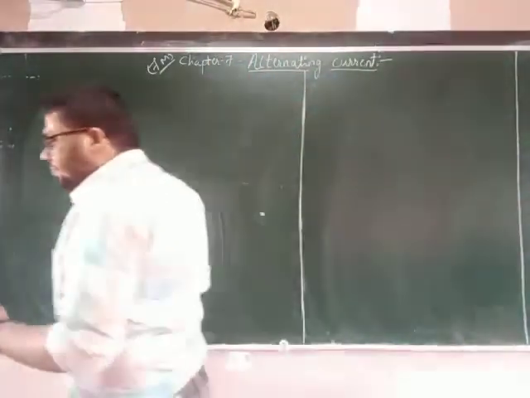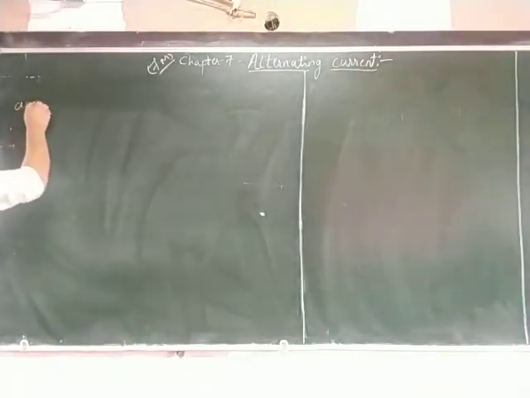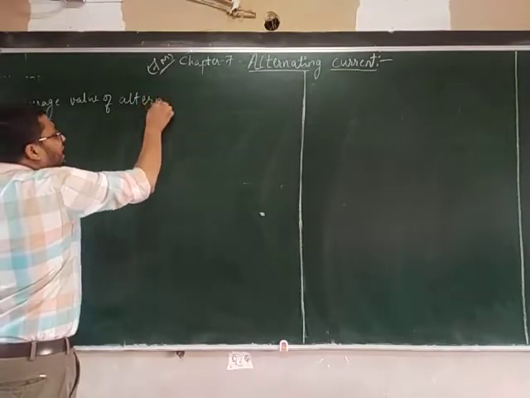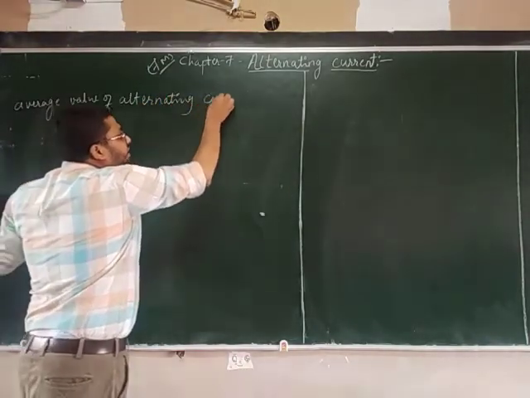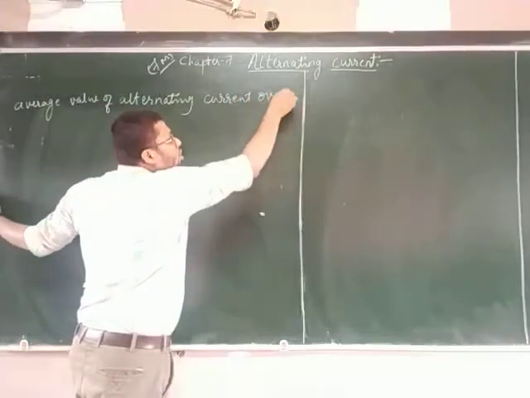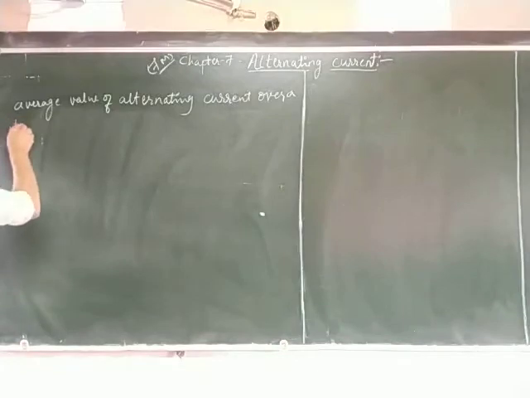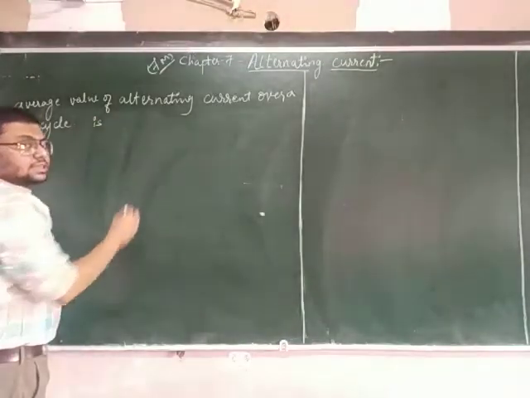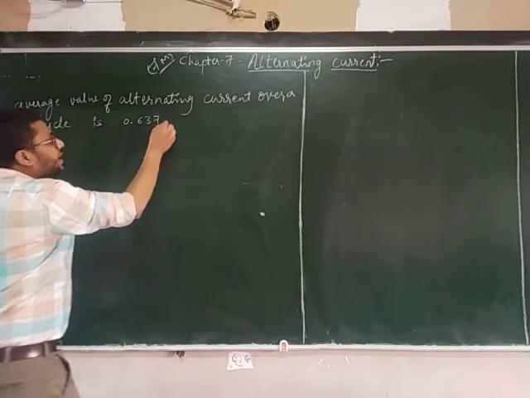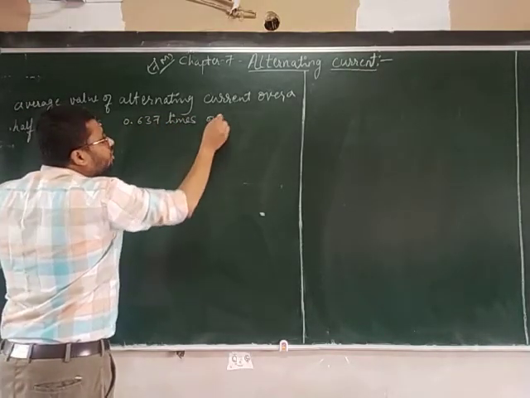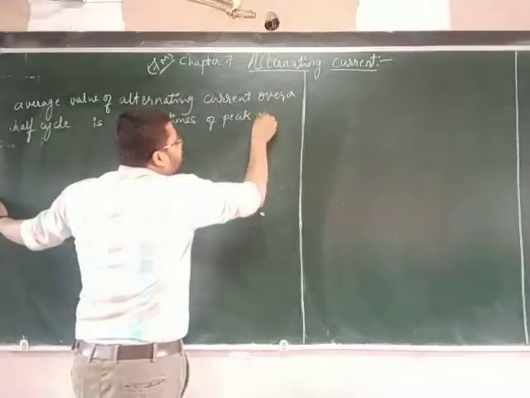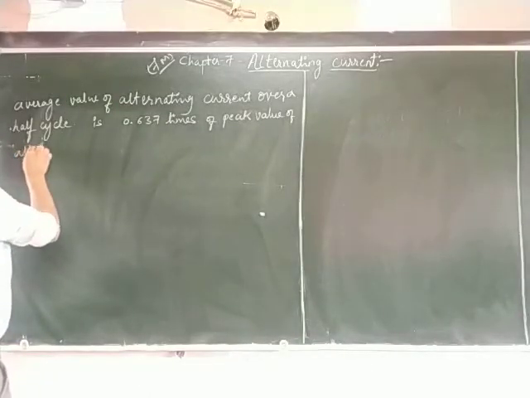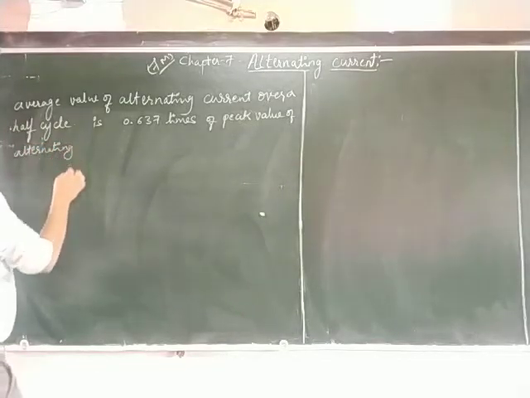That is, look here, average value of alternating current over a half cycle is 0.637 times the peak value of alternating current.